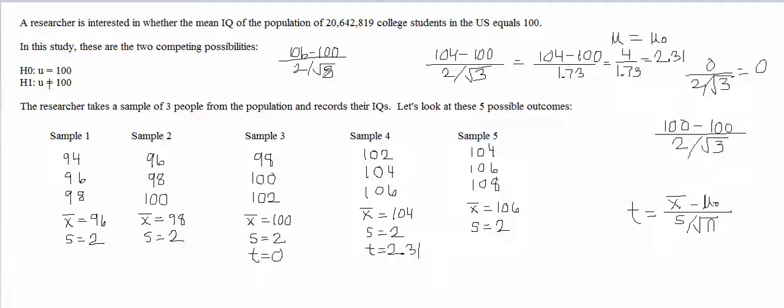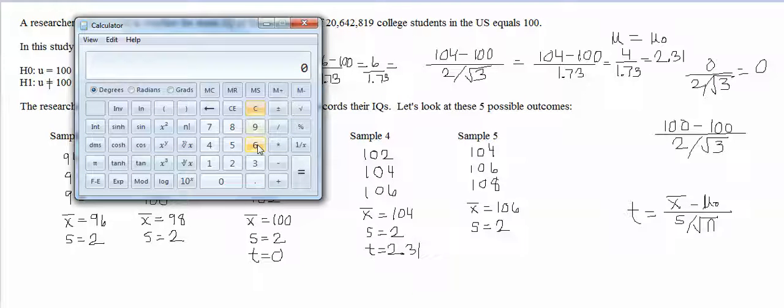We know that 2 divided by the square root of 3 is 1.73. Six over 1.73 is about 3.47.